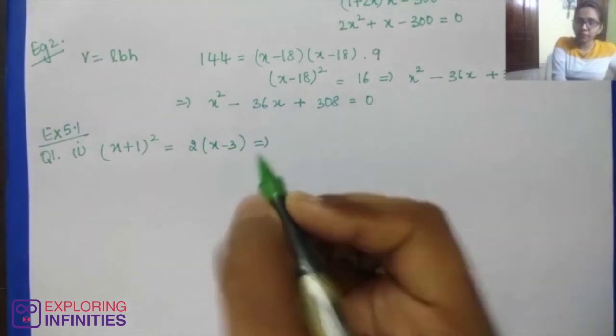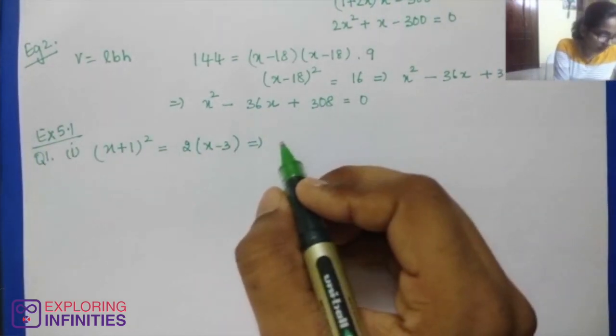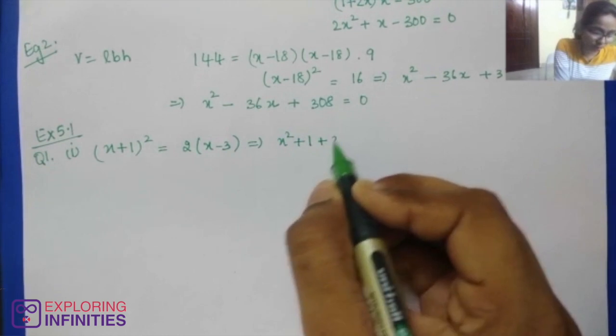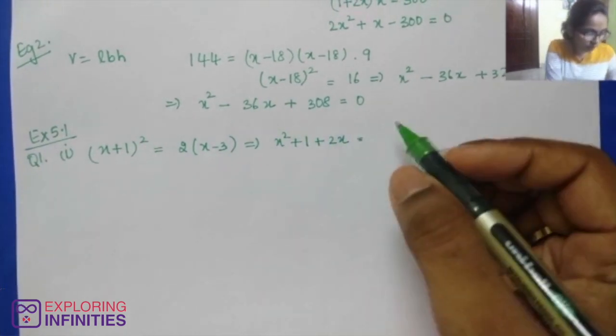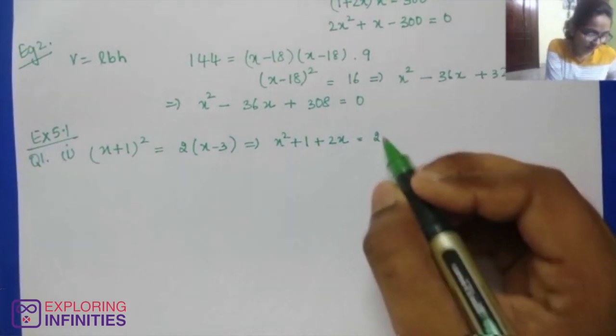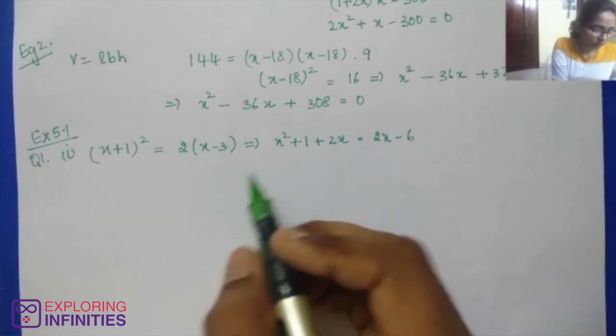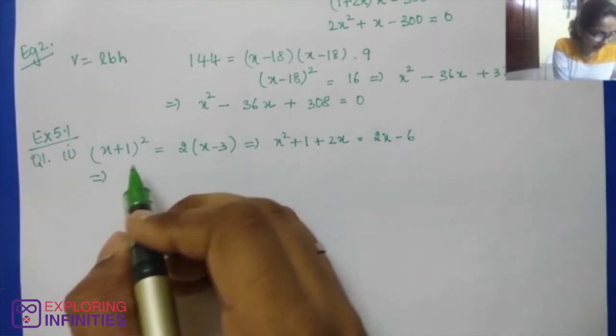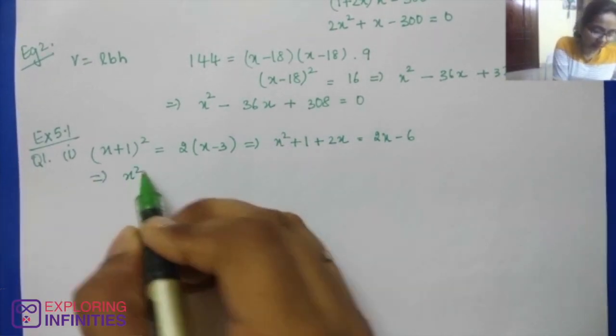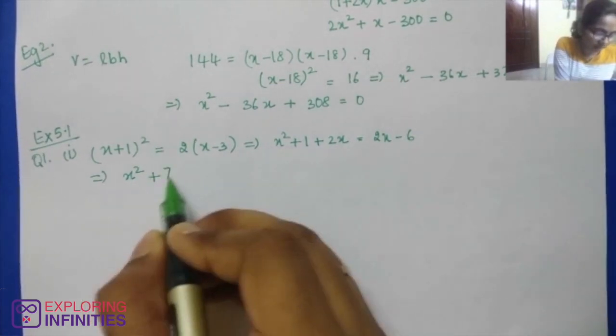If I simplify this, I have x square plus 1 plus 2x equal to 2x minus 6. Simplifying further, I have x square plus 7 equal to 0.